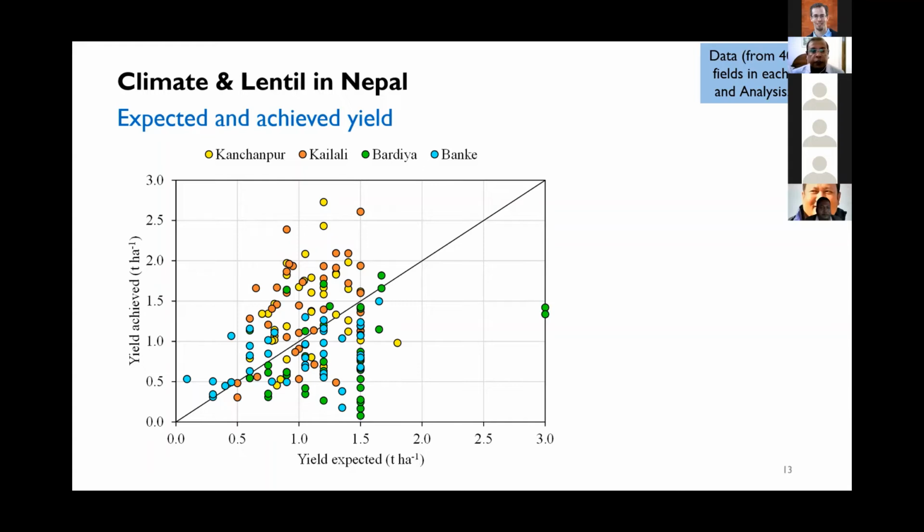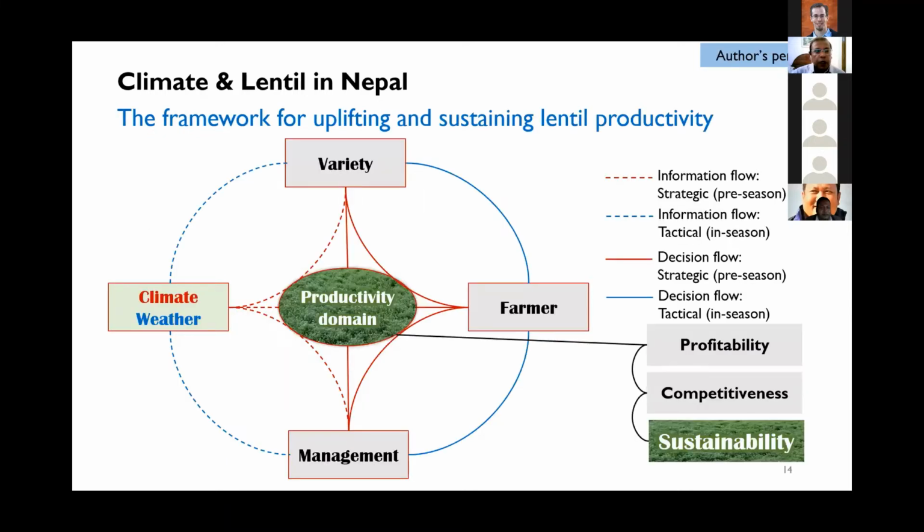The survey result shows, on the brighter side, that a better than expected season resulted in higher yield than the farmers expected in Kanchanpur and Kailali districts. On the other hand, on the darker side, a worse than expected season resulted in lower than expected yield in Bardia and Bake districts.